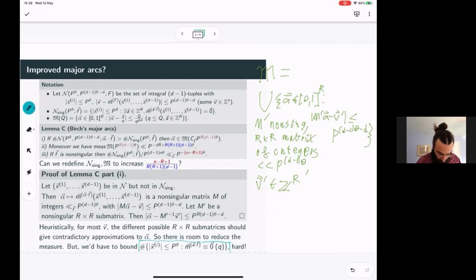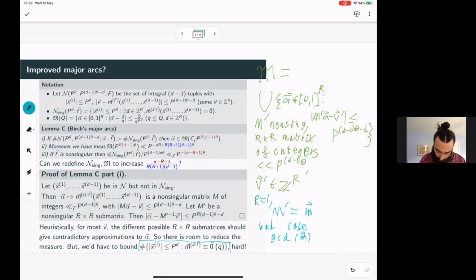So in the R equals 1 case, our matrix M primed is just a vector, or let's say M, and the bad case, which is going to give us all the measure of our major arcs, is going to be when the GCD of all of these elements is large.